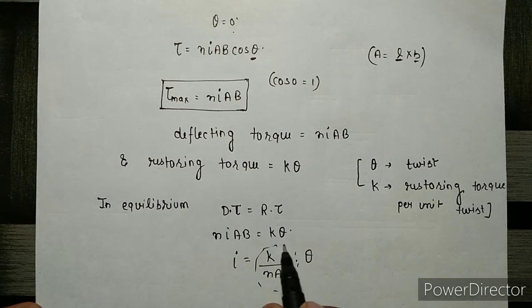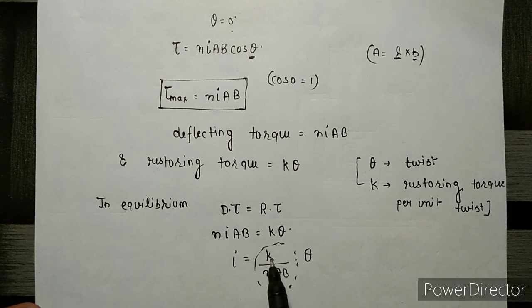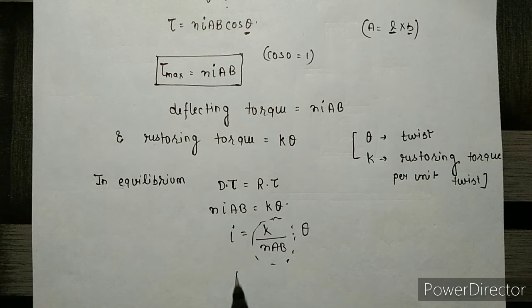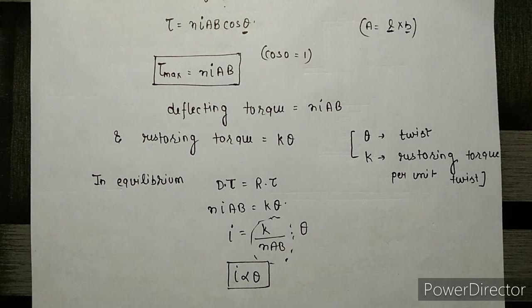This is constant because K, the restoring torque per unit twist, is a constant, number of turns is constant, area is constant, and magnetic field is also constant. So that's why we can say that I is directly proportional to theta. Means as the current in the rectangular coil increases, theta also increases.